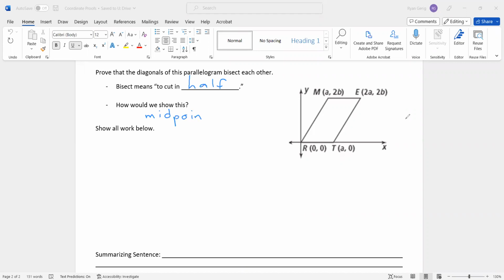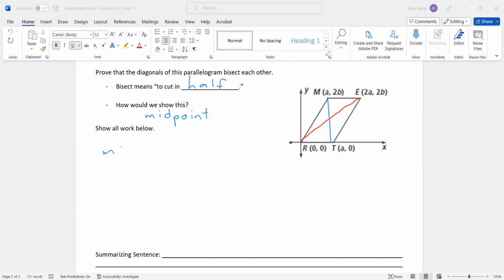We want to find the midpoints. Okay, so the midpoint of MT should match the midpoint of RE. If the midpoints are the same, then we know that they bisect each other. So we want to find the midpoint of MT and RE.